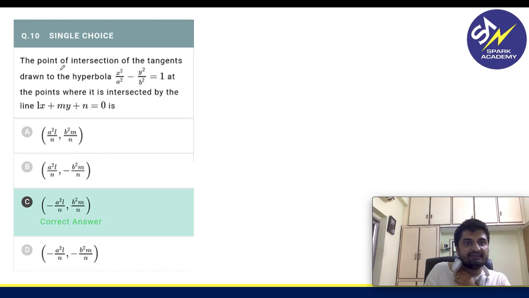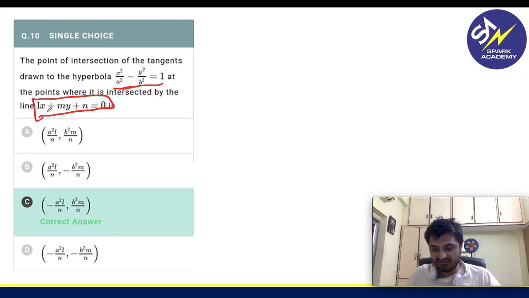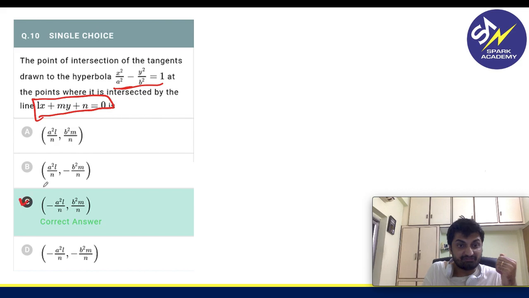The point of intersection of tangents drawn to the hyperbola at the points where it is intersected by the line lx plus my plus n equal to 0 is... So basically this is a standard pole point. If you remember, we had done this in hyperbola. You can visualize as well.